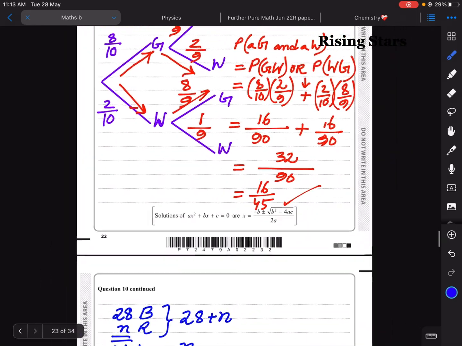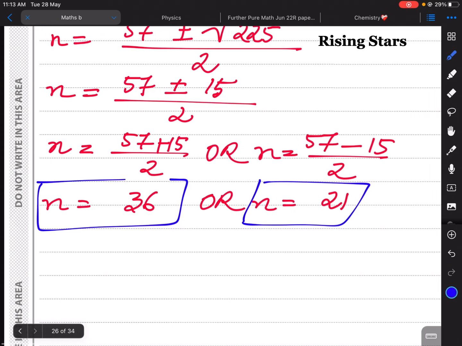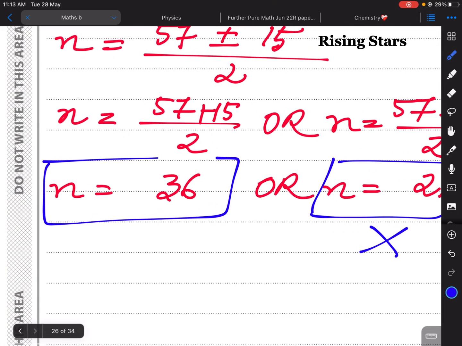So we take the value that is greater than 28. Is 21 greater than 28? No. So this is declined and this one is accepted.